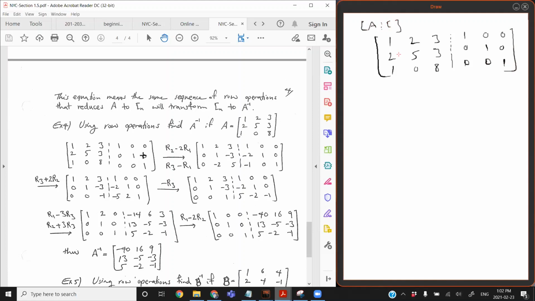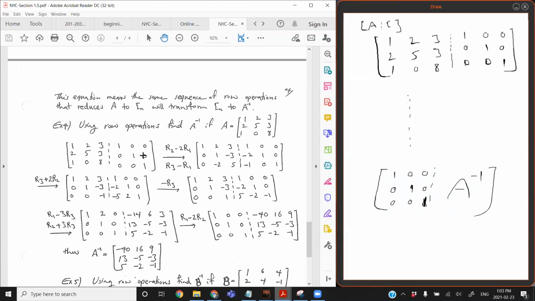Then we begin performing row operations on A. We just follow the Gaussian elimination or Gauss-Jordan algorithm. We perform row operations on A, and whatever operation we perform on A, we perform the same row operation on I. And we keep doing that until at a certain point on the left, we're going to get the identity I. At that point, on the right, we will have A inverse.